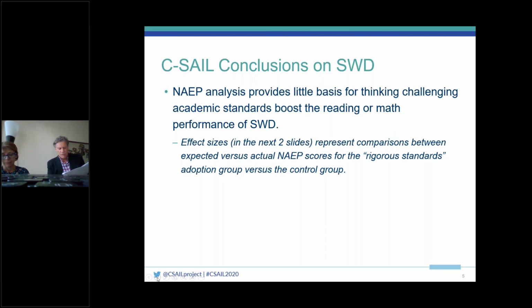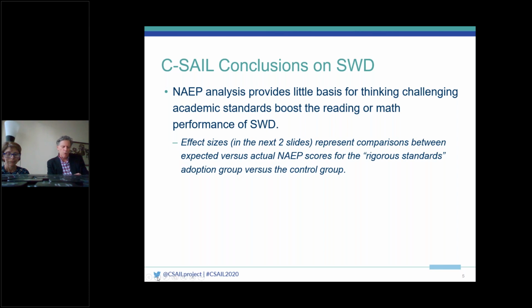The comparison group of states adopted college and career-ready standards earlier, most of them 2007. The pivotal hypothesis was that we would see a bump in improved scores for the treatment group in comparison to the comparison group.